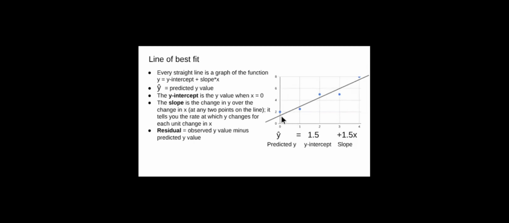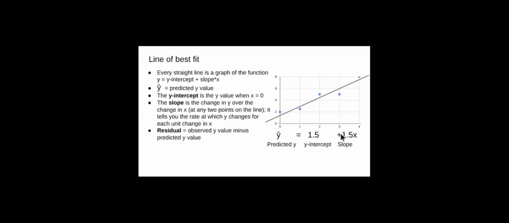And this point here, which we already said is x is 0 and y is 1.5. So if you do the change in the y, that would be this minus this. So that's 6 minus 1.5. So that would be 4.5. And you divide that by the change in the x, which is 3 minus 0. So you have 4.5 divided by 3, and that's equal to 1.5.